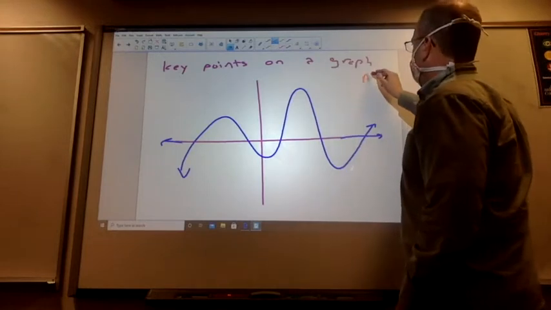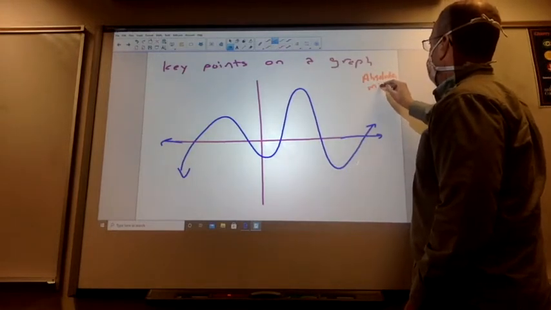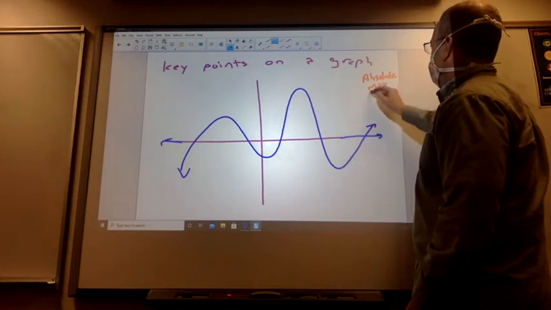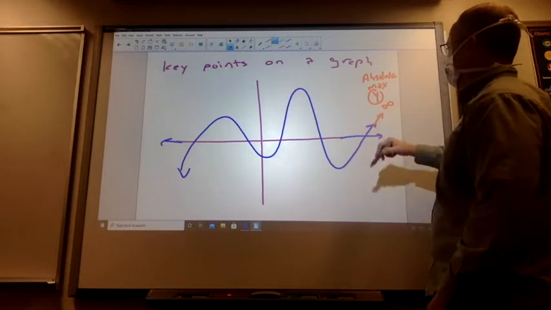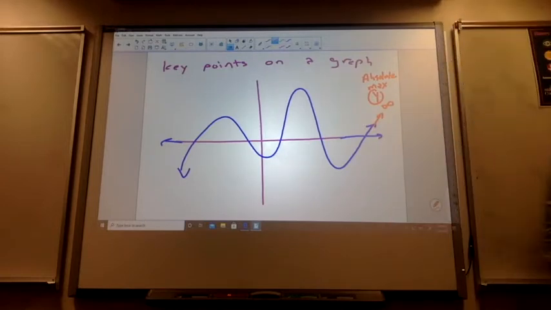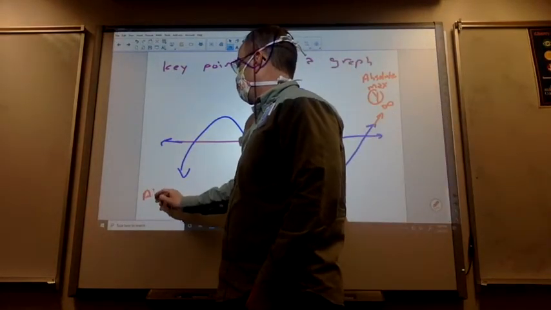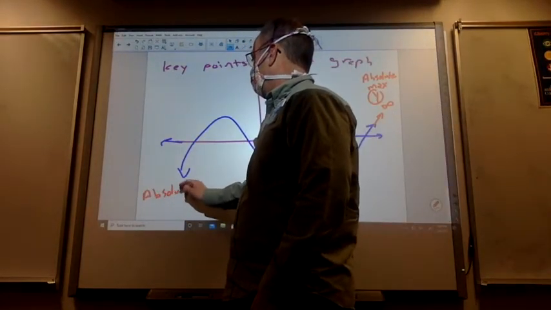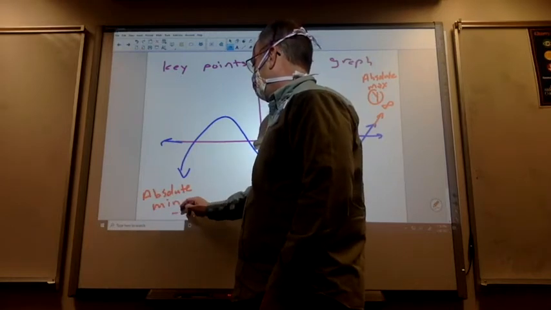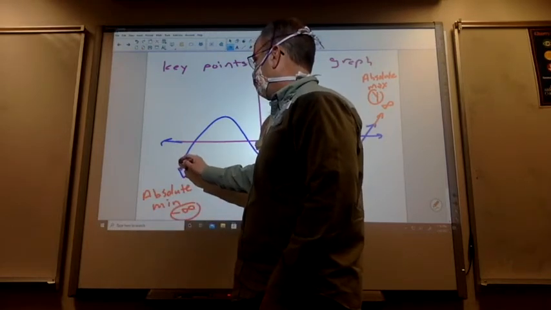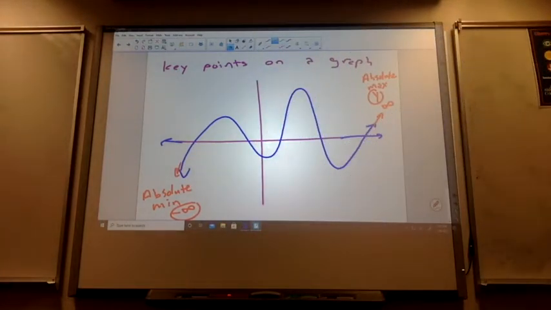So I have an absolute max in the y direction, which is, in this case, infinity, because this arrow is going to go to infinity. I have an absolute min, in this case negative infinity, because our end behavior is going down to infinity in the y direction.